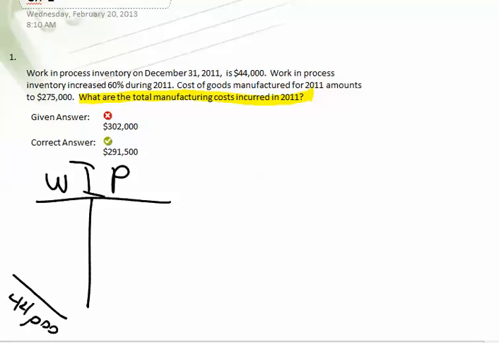So I'm going to make a calculation then. If the 44,000 represents 160%, I can divide it and come up with what my inventory is. Take the 44,000 divided by 160%, and my beginning inventory is going to be 27,500.